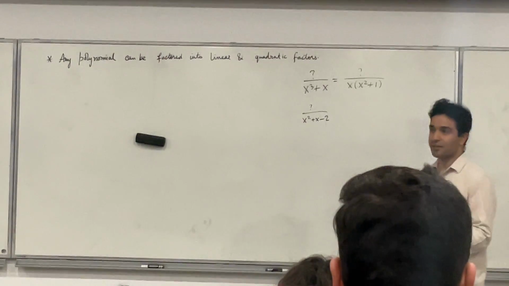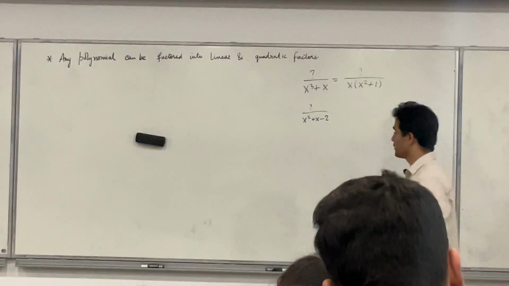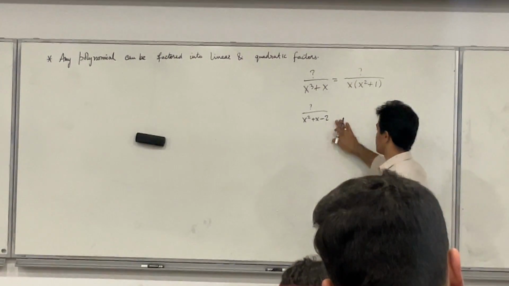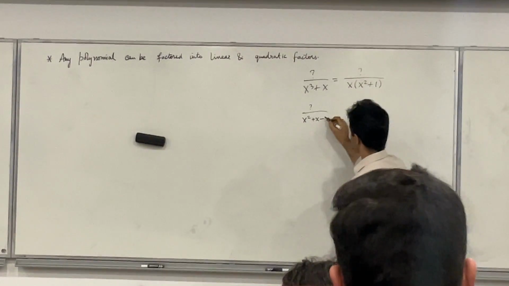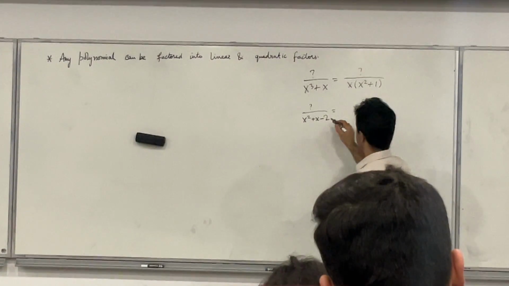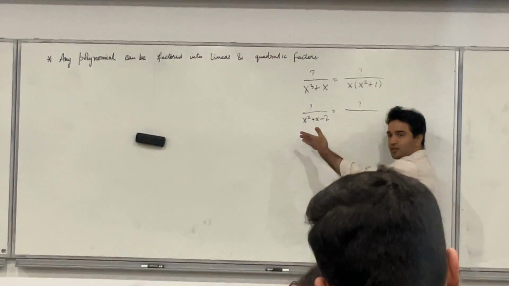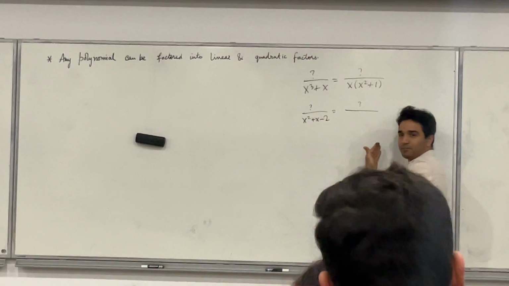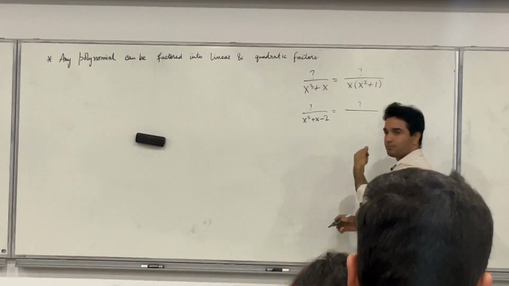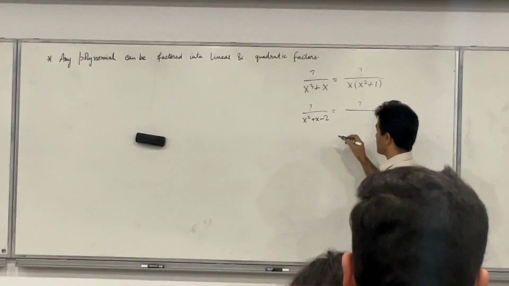Even in that case, you can factor it. It would just be worse to write it down. Let's maybe write it, or no. So this one, even though it's quadratic, you don't just leave it there, you go down to its linear factors, right? So here it would be what?